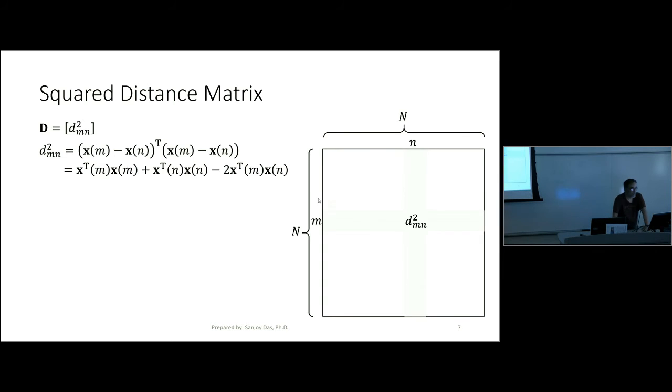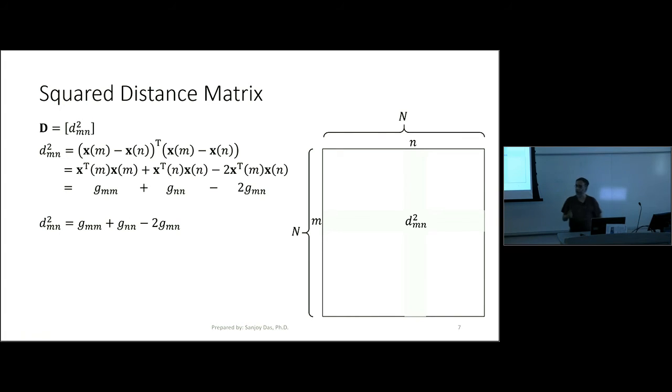The raw Gram matrix, because I haven't used centered data here. So this is Gmm, this is Gnn, and negative 2, this is Gmn. Therefore, we see that dmn squared equals Gmm plus Gnn minus 2 Gmn.